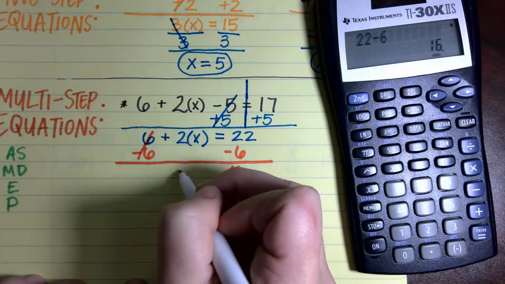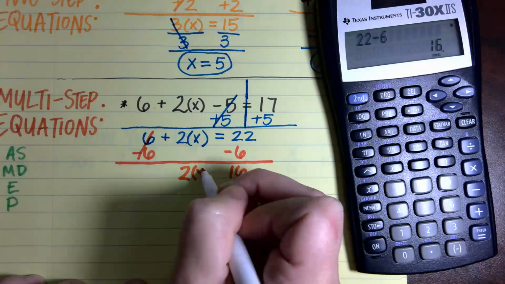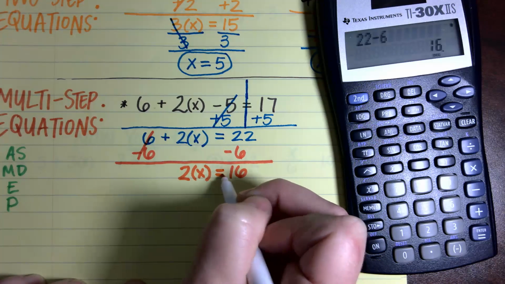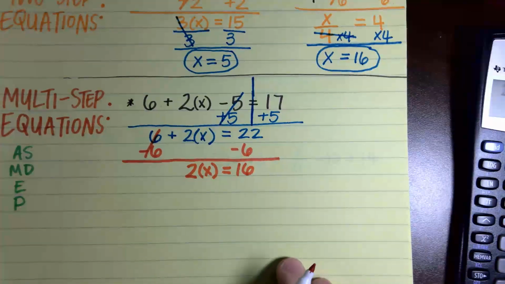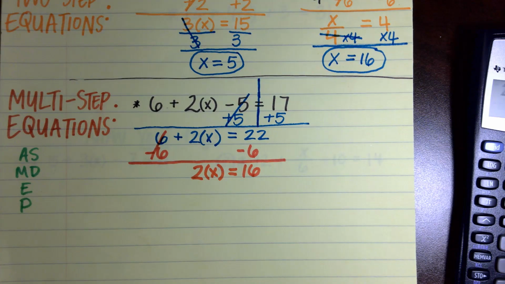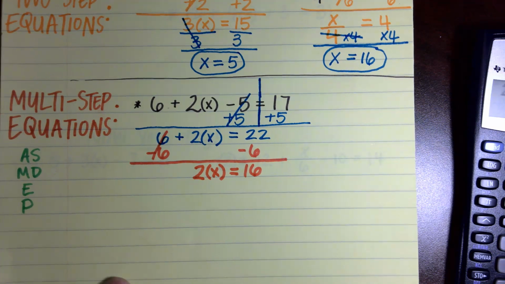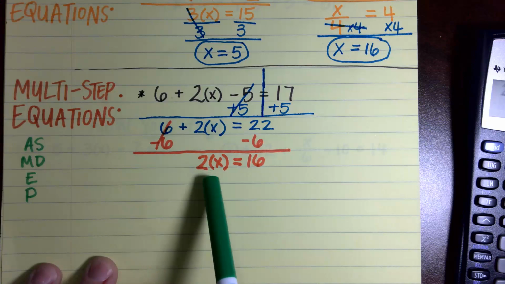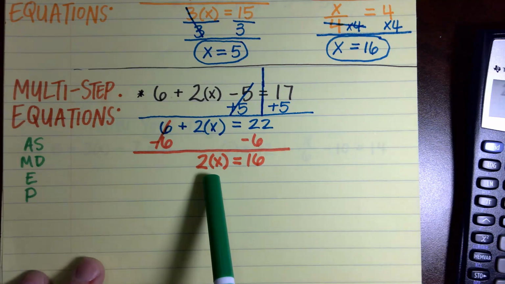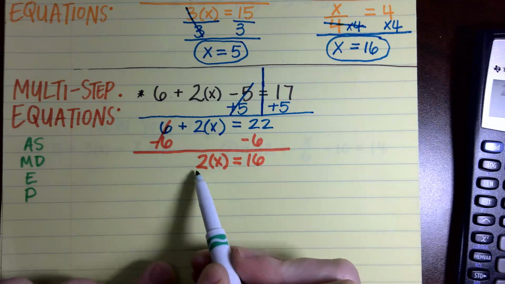We have 2 times x equals 16. We've got a whole new equation all over again. 2 times x equals 16. Remember, our goal is always to get x by itself. So, what can we do to get x by itself here? Yes. We have 2 times x.